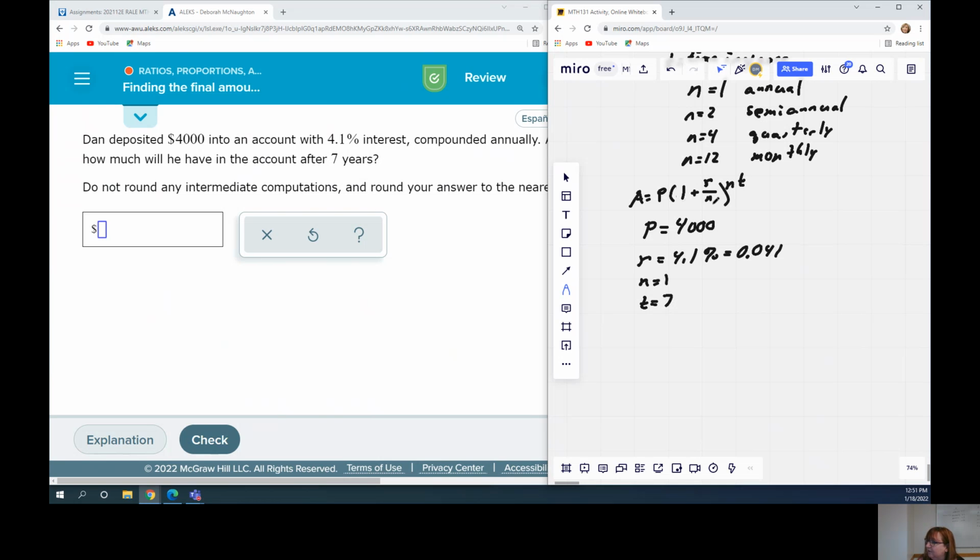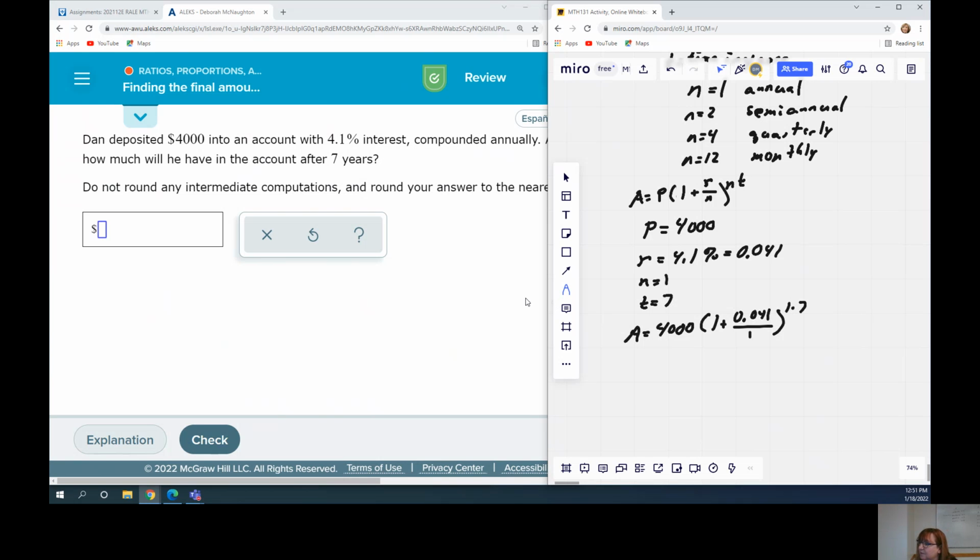So I'm just going to put all these values into that formula. A equals 4,000 times 1 plus R over N, so 1 plus 0.041, divided by N, which is 1, raised to the 1 times 7.